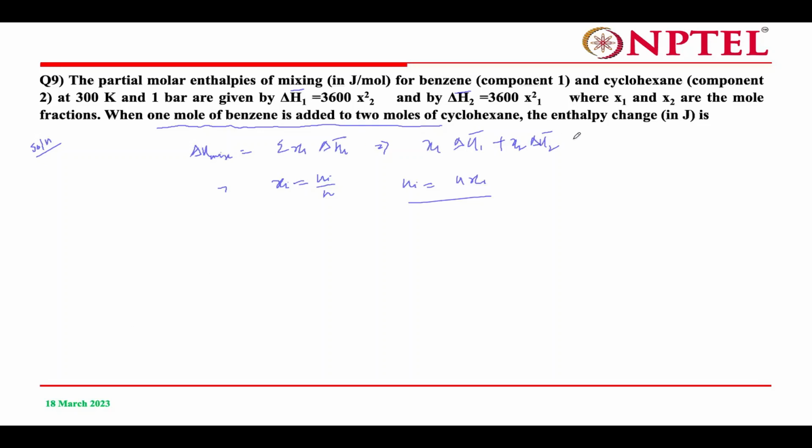So at that time, write equation 1 in this form: n delta H mix equal to n1 delta H1 plus n2 delta H2, right?